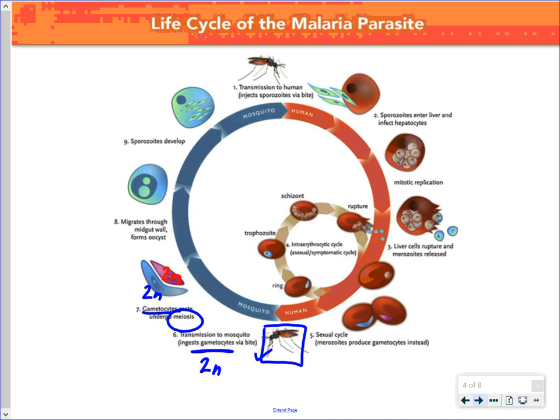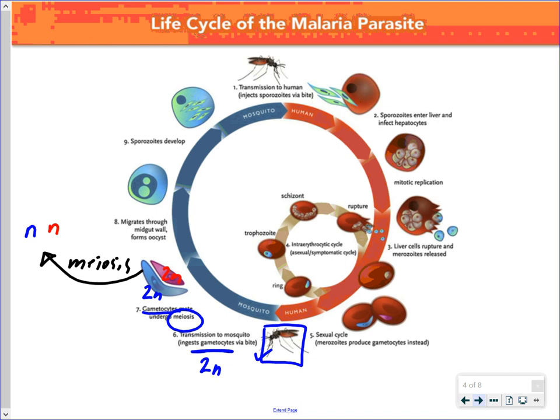If I just draw off to the side here, what we're going to have is the process of meiosis, and that process of meiosis is going to form the haploid sperm and the haploid eggs. So what are these two going to do?